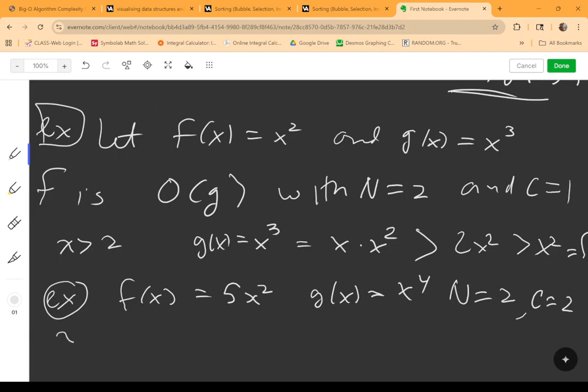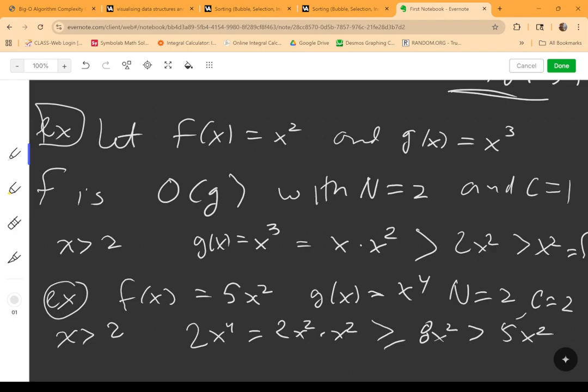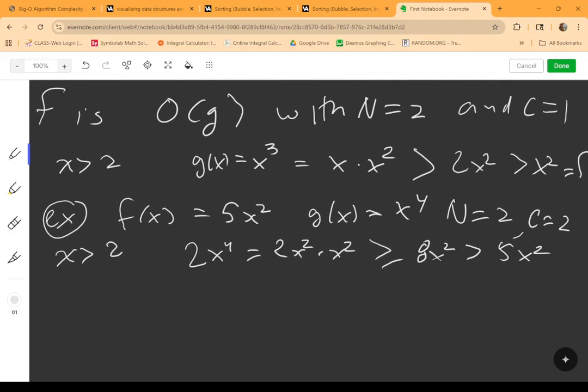So when we verify, when x is bigger than 2, 2x to the 4th is 2x squared times x squared, which is greater than or equal to 8x squared, which is greater than 5x squared. We can see that the inequality holds.